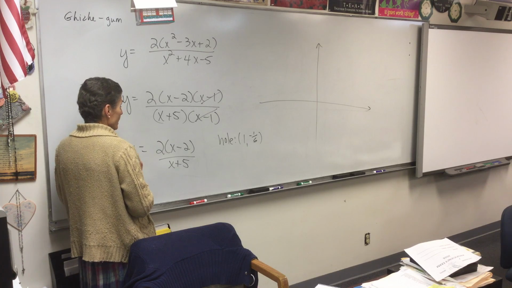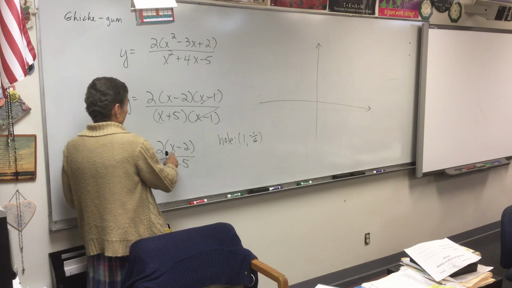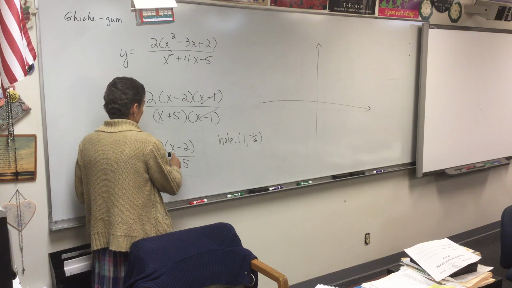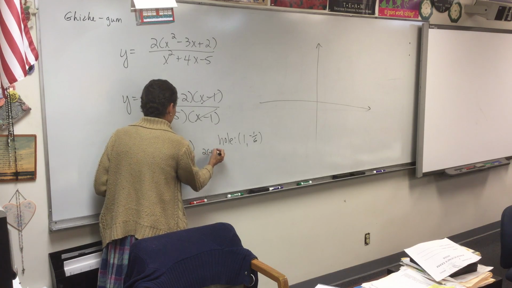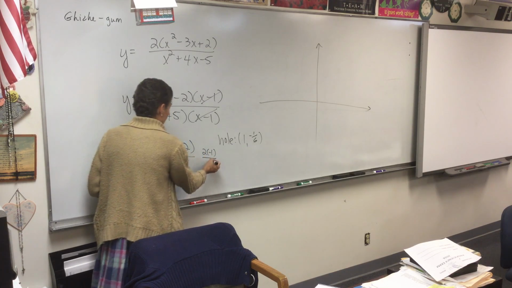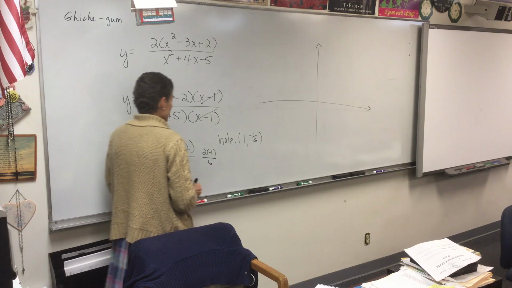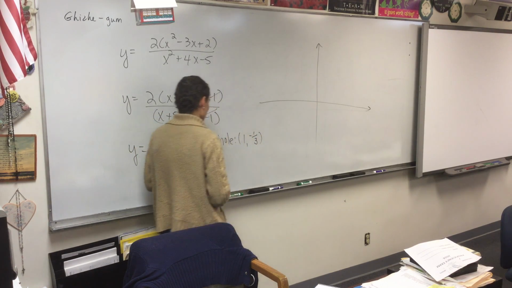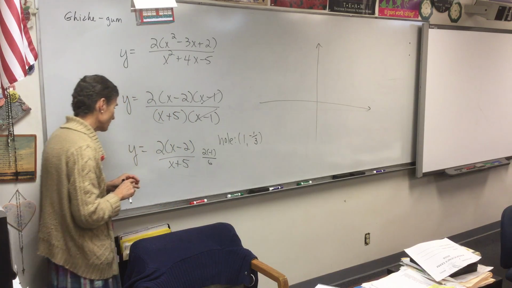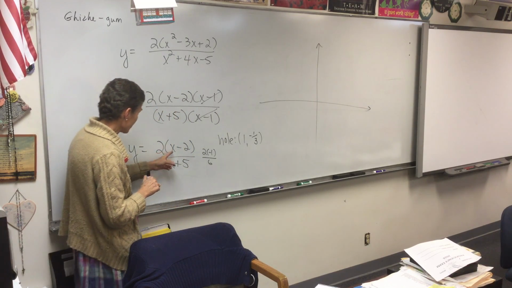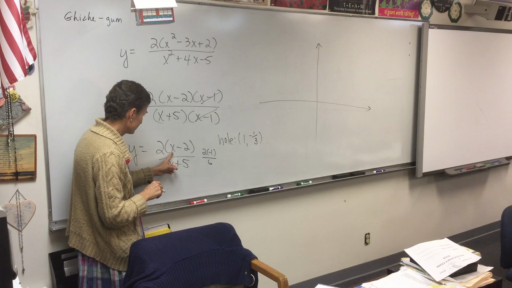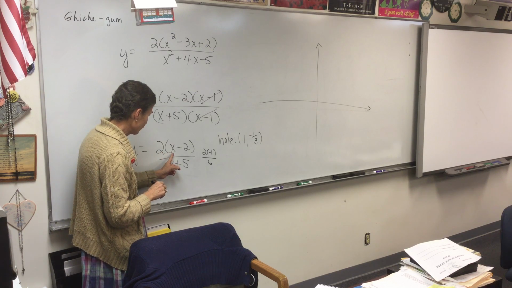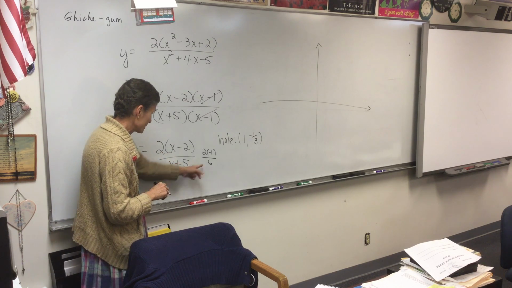If I put in a 1, I get 2 times -1 over 6. I think it's -1/3. You may want to agree or disagree or talk about it or ask a question. I put in 1 here, so I have 2 times -1 over 6.